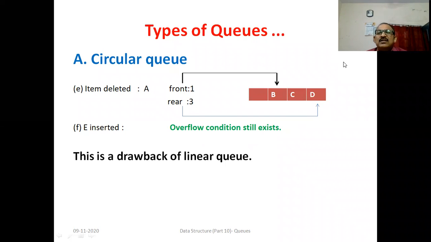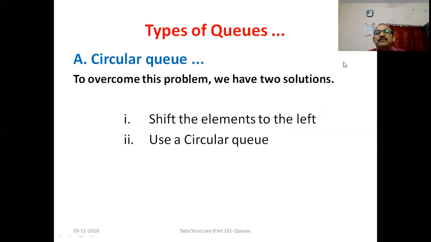Even though one space is vacant in the queue, we cannot perform addition, and this is the drawback of a linear queue. Is it clear?